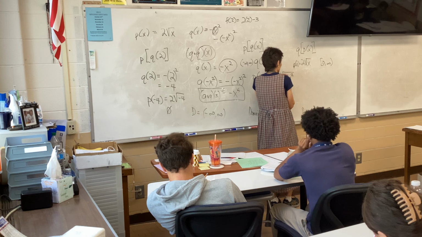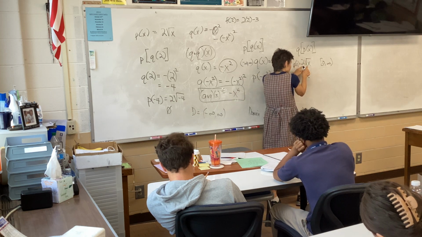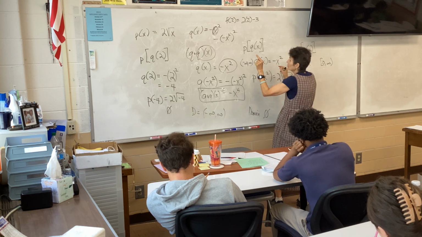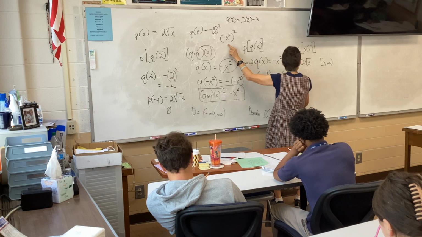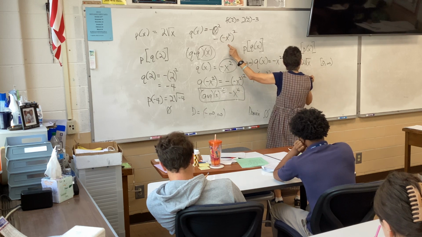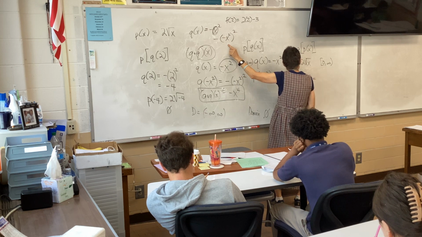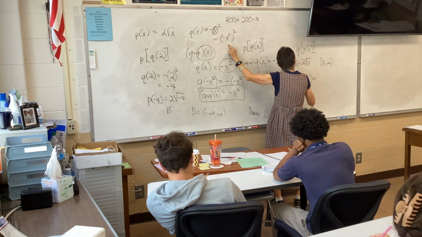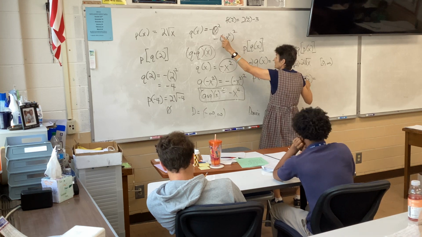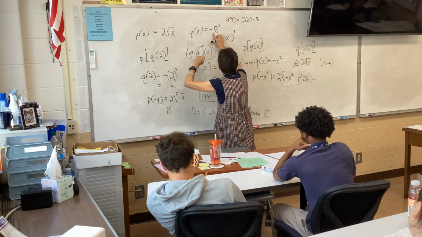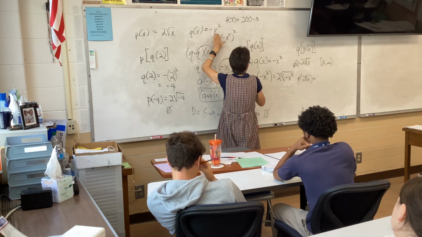Now I'm going to take that and plug it into Q. So Q of 2 root x. Please watch this carefully. That means that this is my Q function right here.